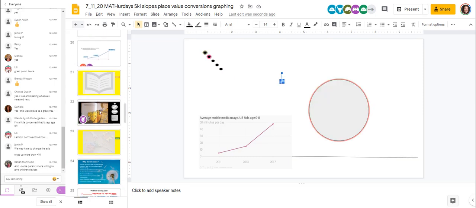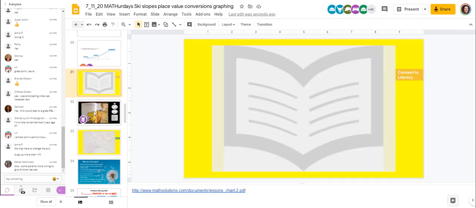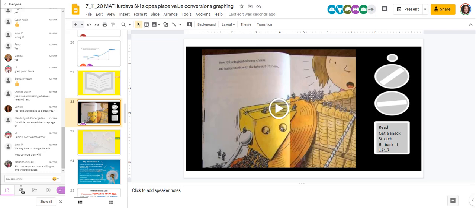And the other thing I wanted to mention before we get into our task today: I always try to give you a connection to literacy. Slide 21 is my bookmark and 22 is the story. In this story, they go on a picnic, and one ant carries away one little thing, two ants carry away two little things.